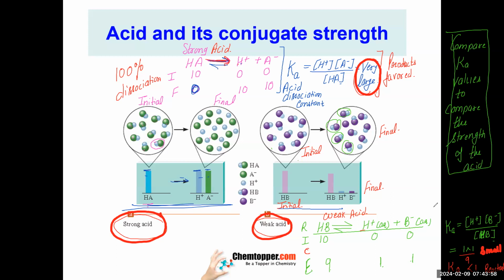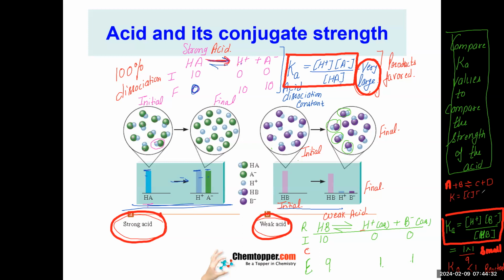Okay. Now, Afan is asking what's the formula to solve Ka? This is the formula. It is the same expression as equilibrium constant. You remember A plus B in equilibrium? Let's say A plus B is in equilibrium with C and D. So what's the K expression?